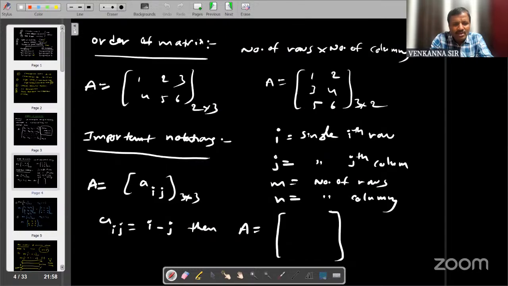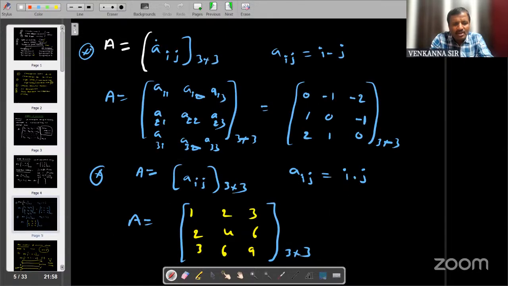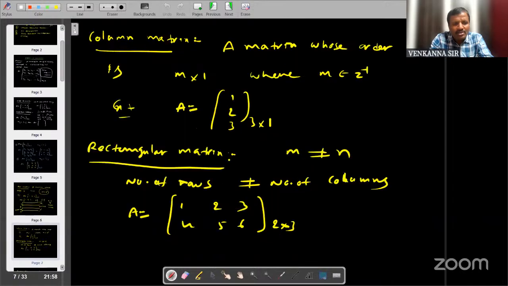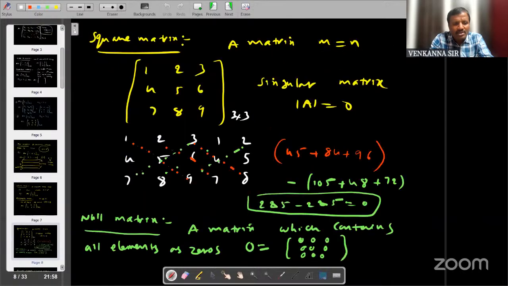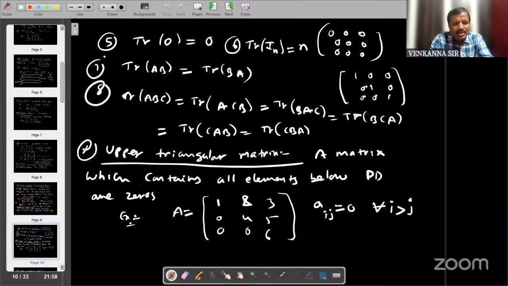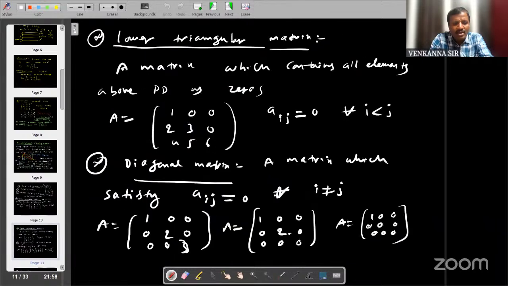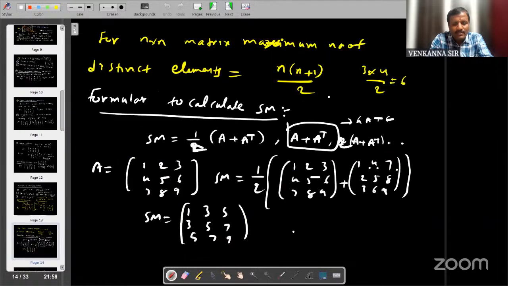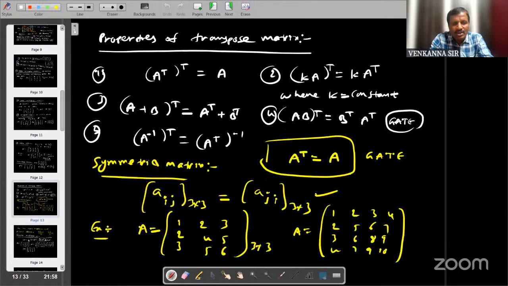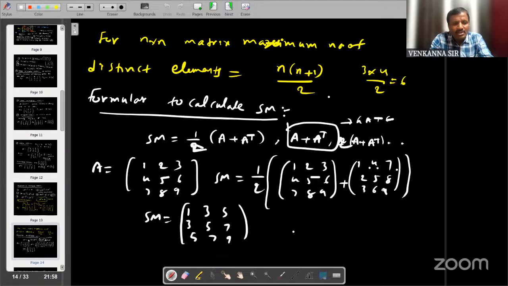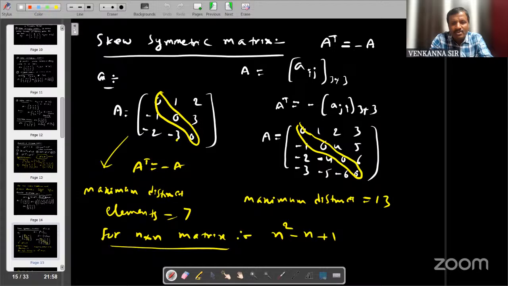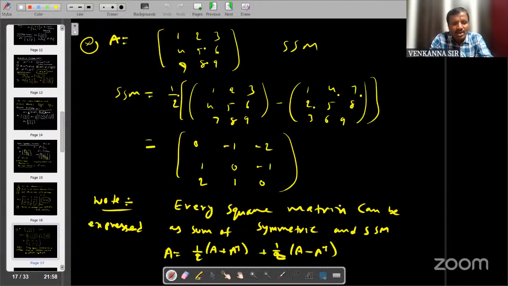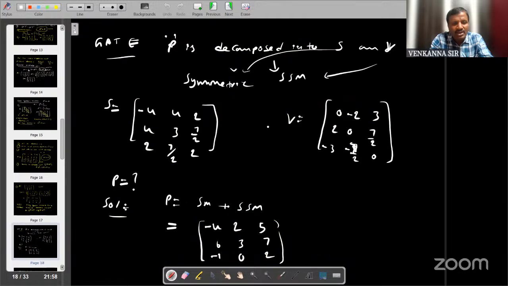The syllabus covers important notations, order, row matrix, column matrix, rectangular, square matrix, null matrix, principal diagonal, trace, properties of the trace, upper triangular, lower triangular, diagonal, scalar, transpose, and properties of the transpose of the matrix, formula to calculate the symmetric matrix, skew symmetric, properties of skew symmetric, and that every square matrix can be expressed as the sum of symmetric and skew symmetric.